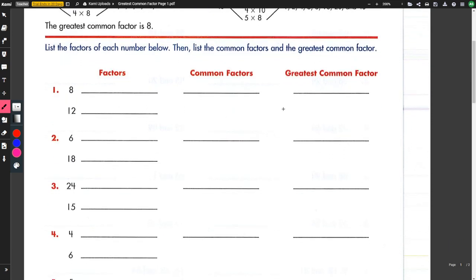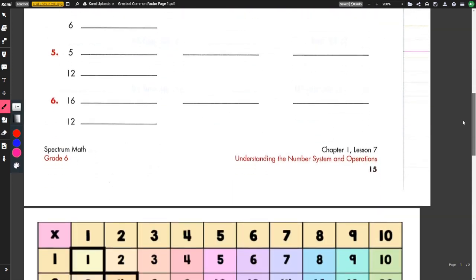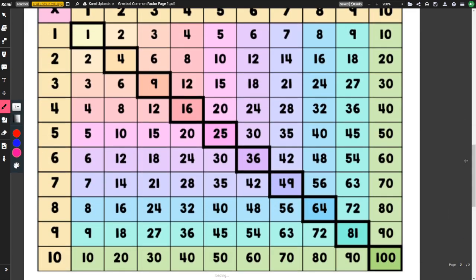So we're going to do the same thing here. Our first step, list all the factors. To find them in a multiplication chart, you're not going to look at the top or the left. If your multiplication chart looks like this, you're not going to look off to the sides.